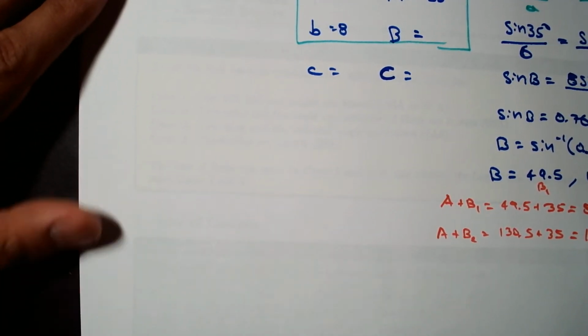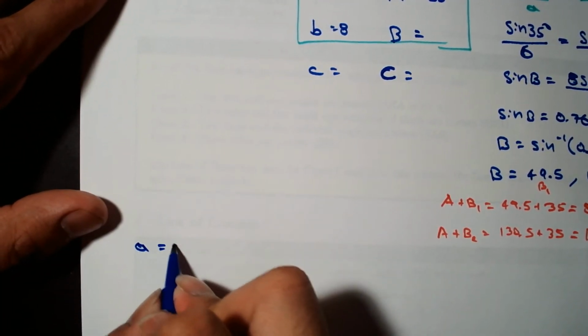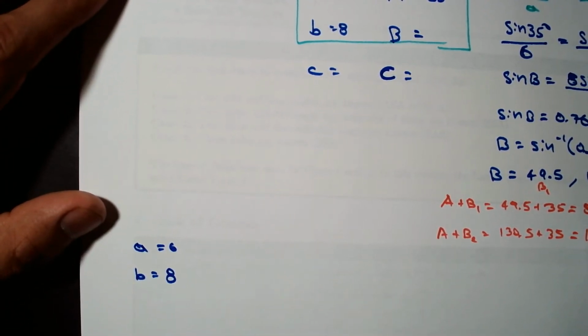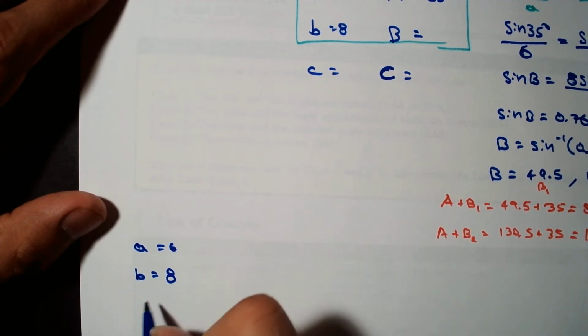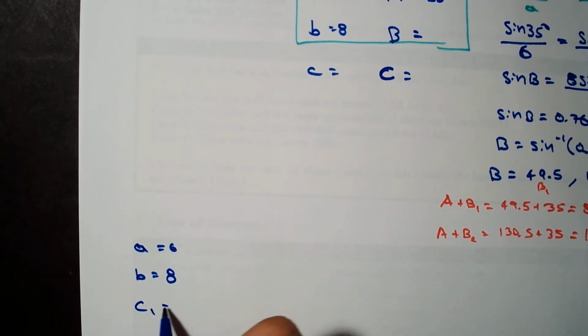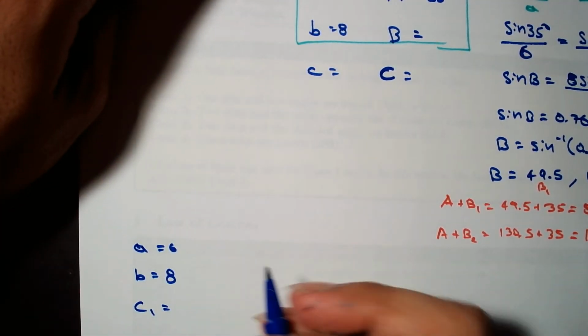Okay, so I'm going to do A equals 6, B equals 8, and C1. Why C1? Well, you'll see.